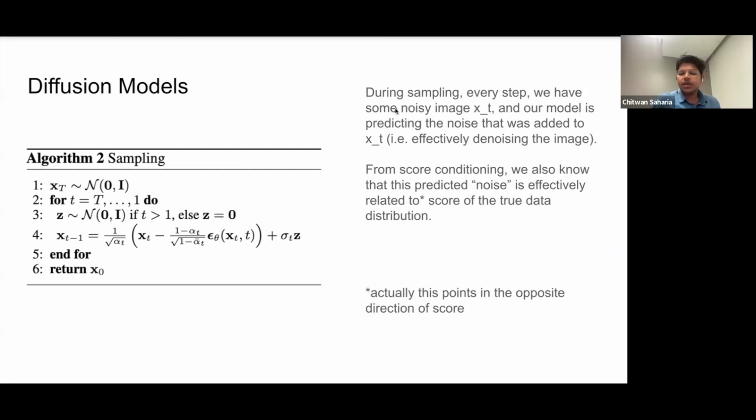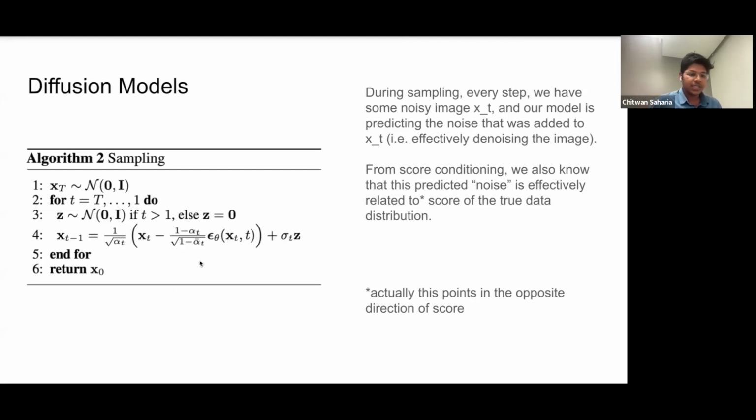Okay, so on the right side, I have this here just to emphasize again and again what's happening here. At every sampling step, we have some XT available to us. And our model is basically predicting the noise that was added to XT if we had gotten to XT from a forward pass. And once we have that, we can estimate XT minus 1 from it. And from score conditioning, we also learned that this predicted noise is essentially the score of the true data distribution.